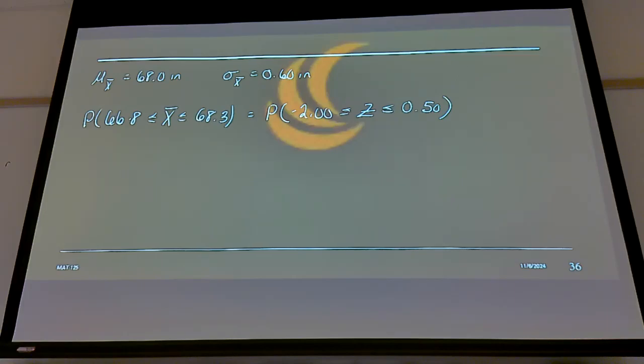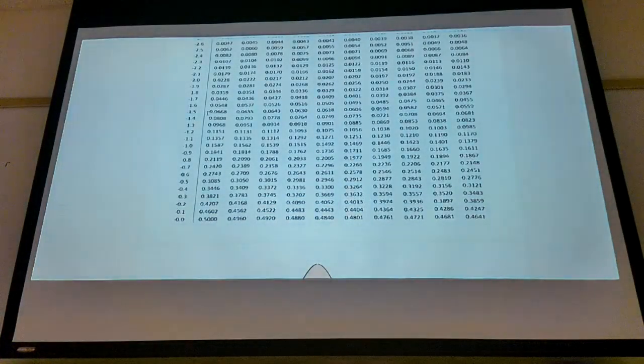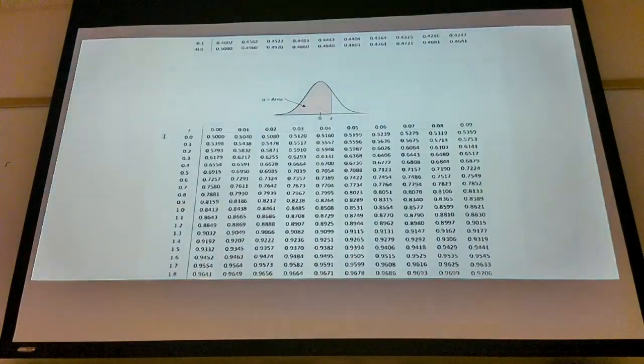That's the probability we're looking for. So we go to the chart. For 0.50, 0.6915.